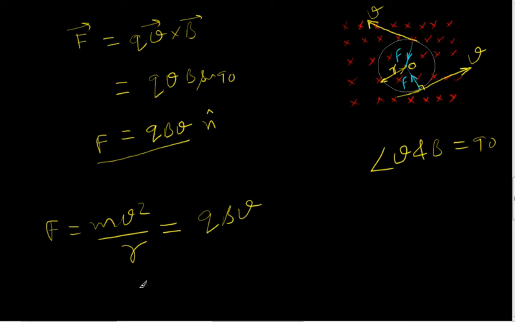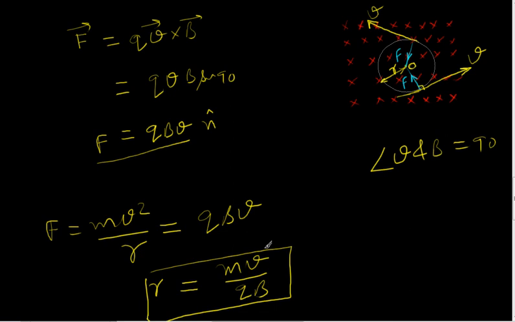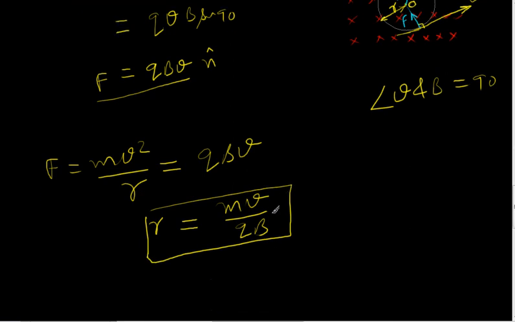It means the particle will form a circular path, and the radius of that circular path will be mv by qB.